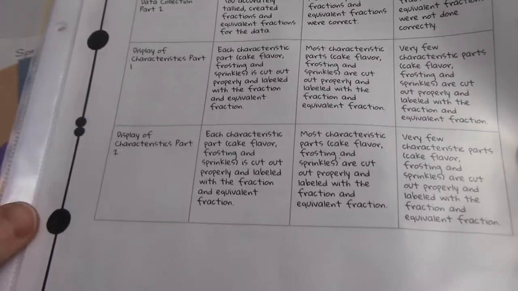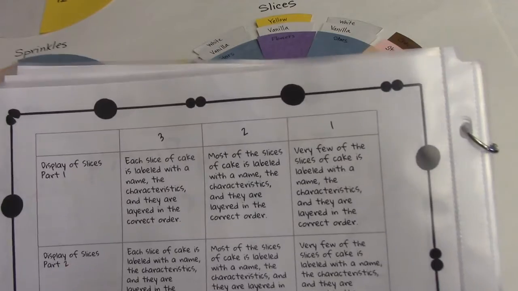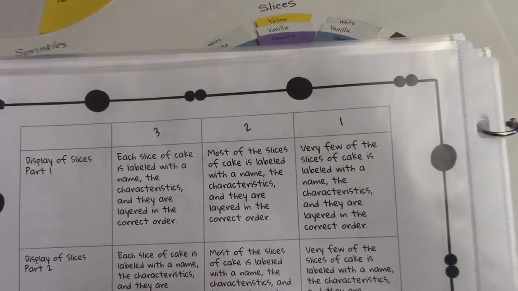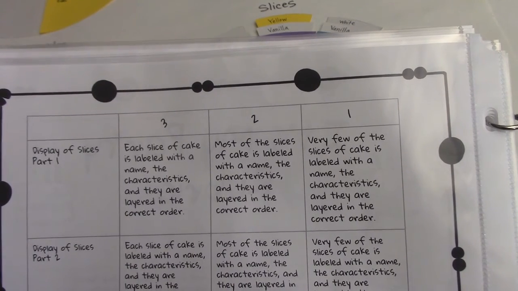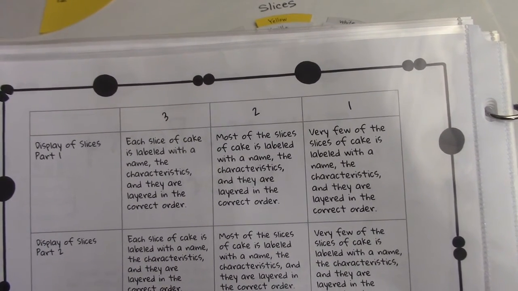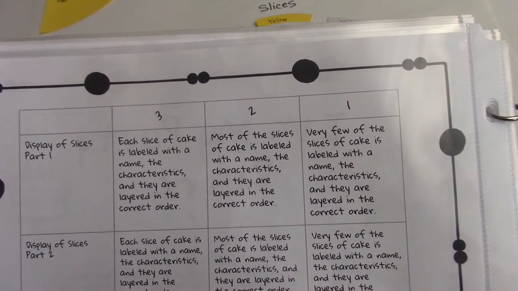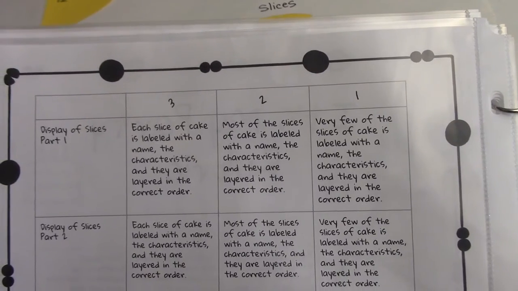And let's flip it over. Display of slices. You would earn 3 points if each slice of cake is labeled with a name, which is on the back, the characteristics, and they are layered in the correct order. Just think of it as a slice of cake. You would have the cake first, then you would put on the frosting, then you would put on the sprinkles.